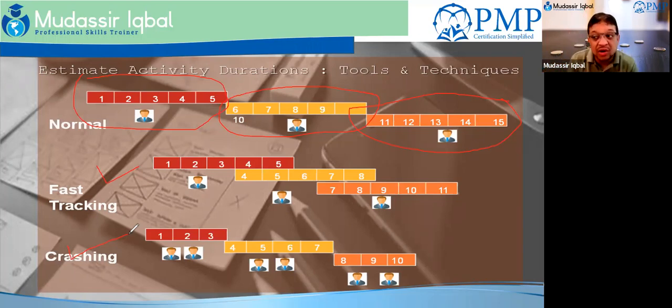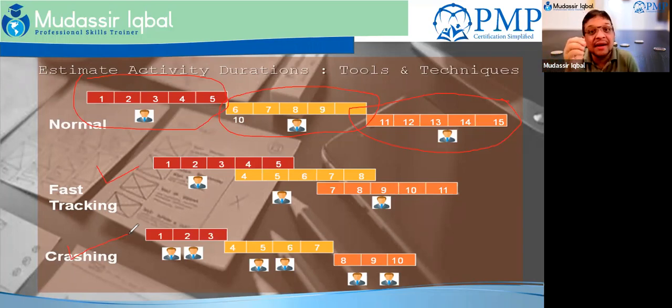The other option to reduce the project's duration is crashing. We talked about crashing yesterday, that we have a wall. We were supposed to have one person, but we could put two people on it. We will gain some of the time.